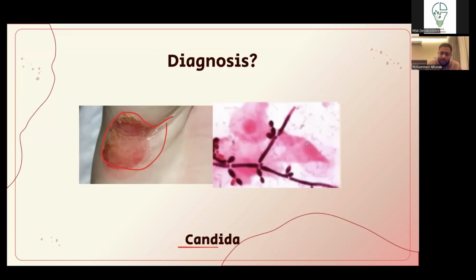Okay. Now, when you look at the fungus itself under a microscope, how do we describe this? Pseudo-hyphae. Good. Intertrigo. Not impetigo. I think that's how you pronounce it.